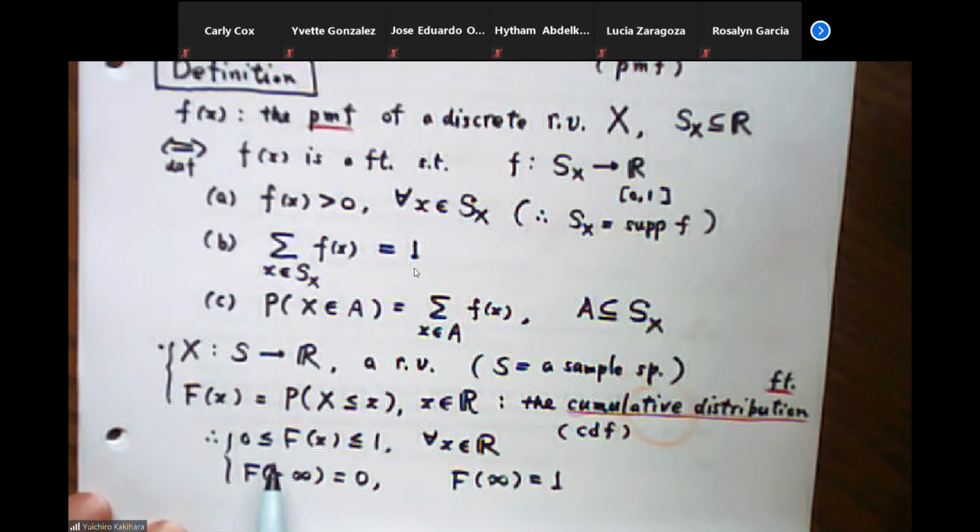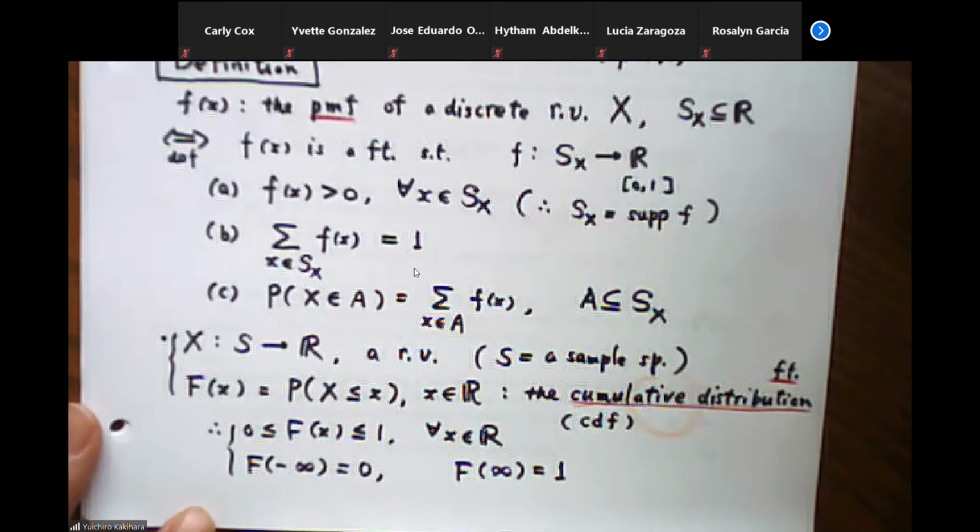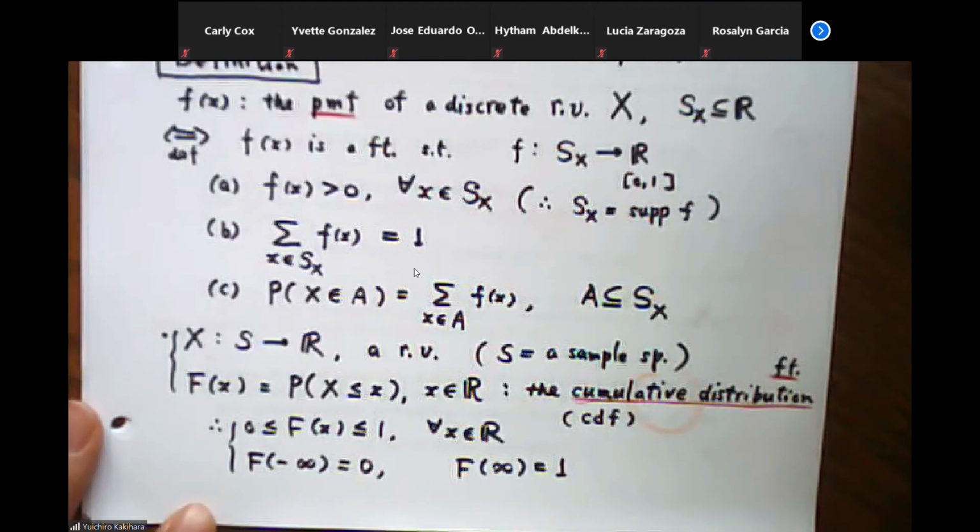So the function value is between 0 and 1. At negative infinity it is 0, and at infinity it is 1. These are the properties of the cumulative distribution function. And there's one more property: because of this equality, the function is continuous from the right. From the left we don't know, but from the right it is continuous. So this is a property of the cumulative distribution function.